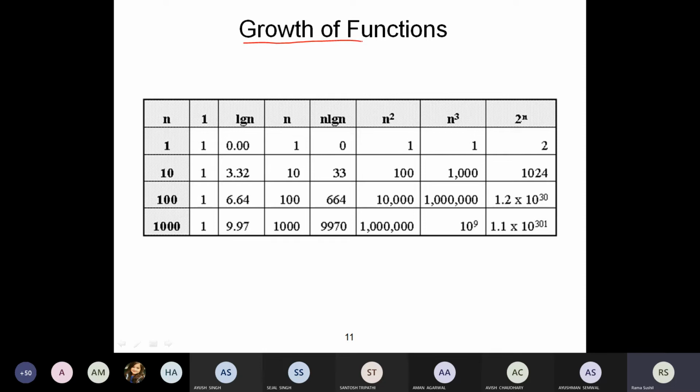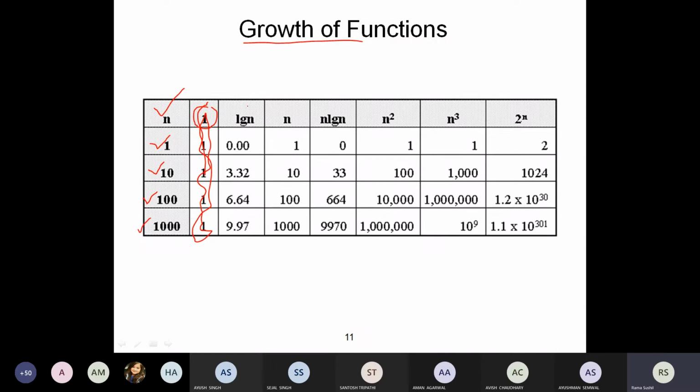Now, a better way to get an idea about the rate of growth, which one is better and which one is not, is to see it with the help of this table with the change in the value of n. For example, initially the value is 1, then it is made 10, then 100, and then 1000. For the constant, some algorithm is constant, you can leave it. The constant value is shown here.